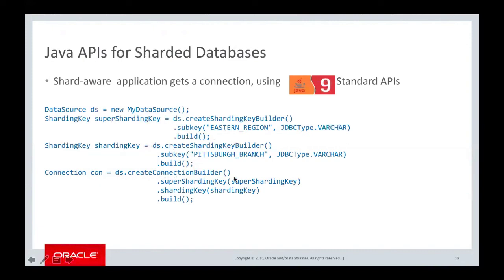You ask for a connection by giving the key you have created, or the super sharding key if needed, and invoke the build as well. So it's all about using the build pattern. Okay, so that's all you have to do in order to access data which is on sharded database. Okay, so how does it work under the cover?